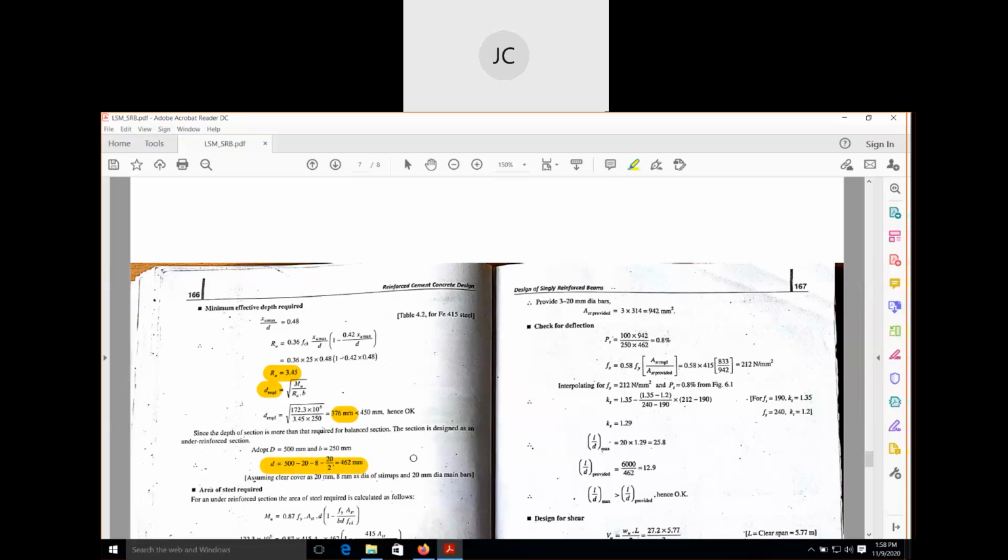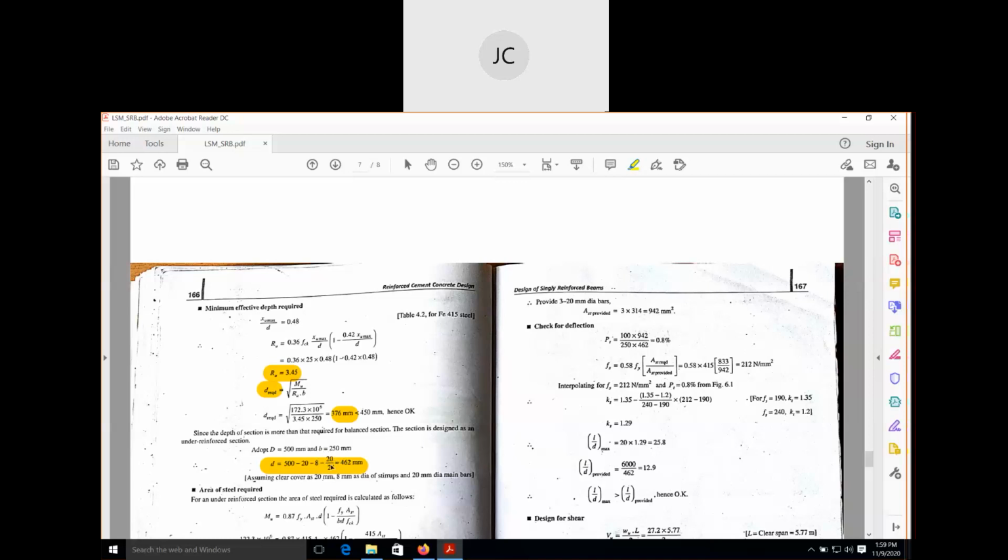For the actual effective depth, we have to deduct these three values from the total depth of the beam, that is our 500. This is our clear cover. You can see here, assuming clear cover 20 millimeter. Clear cover minus 8, where 8 is the diameter of stirrups. Minus 20 by 2, where 20 is the diameter of main bar.